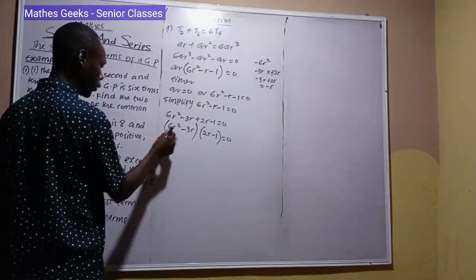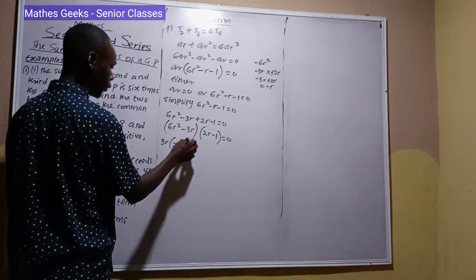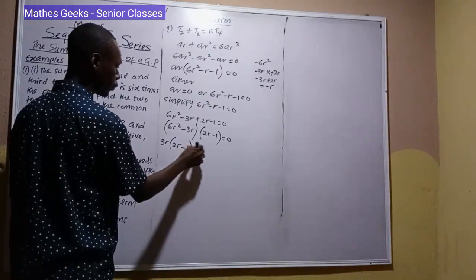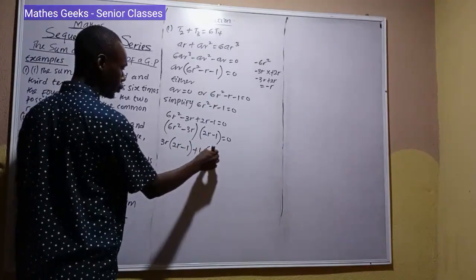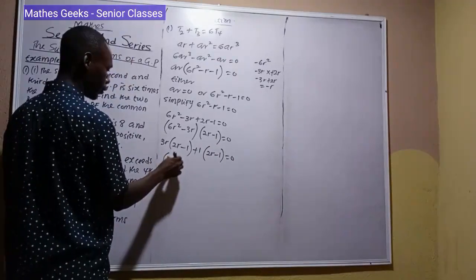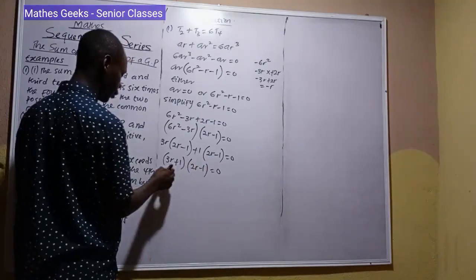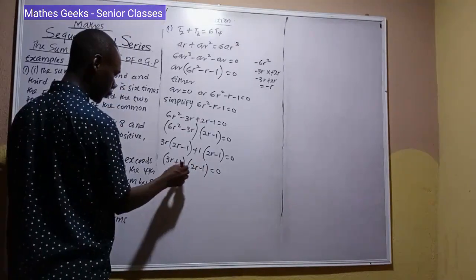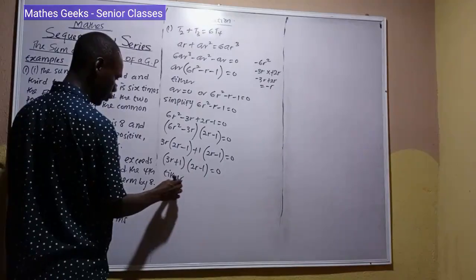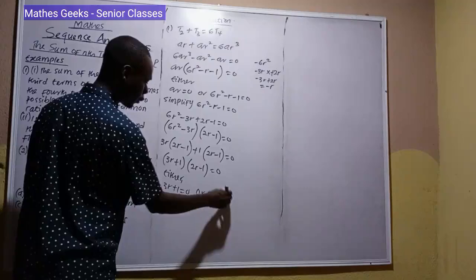We factor out 3R from the first two terms, which gives 2R minus 1, plus 1 times 2R minus 1 is equal to 0. So 3R plus 1 and 2R minus 1 is equal to 0. So either 3R plus 1 is equal to 0 or 2R minus 1 is equal to 0.